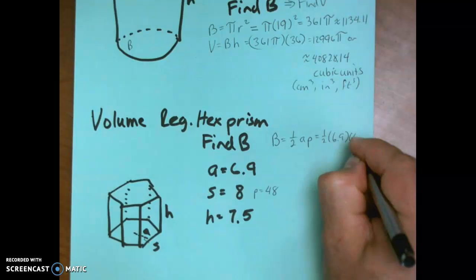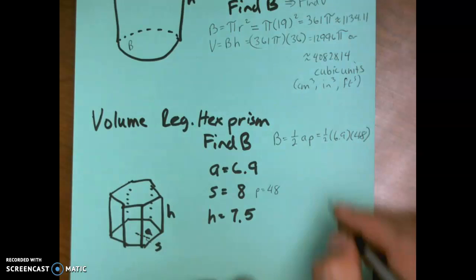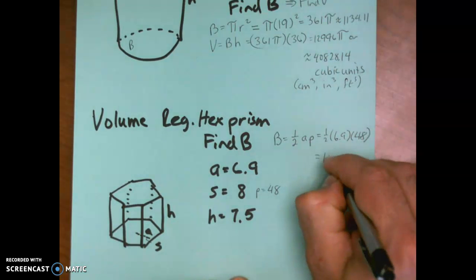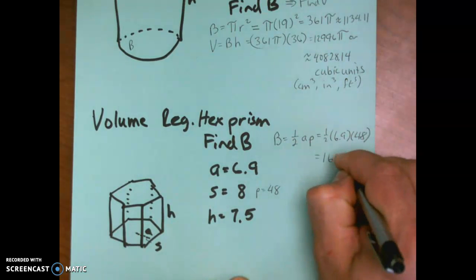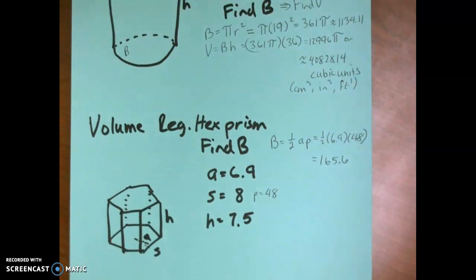So I'm going to put 48 in my expression. So 1/2 times 6.9 times 48 gives me a value of 165.6. Okay. So my area of the base is 165.6.